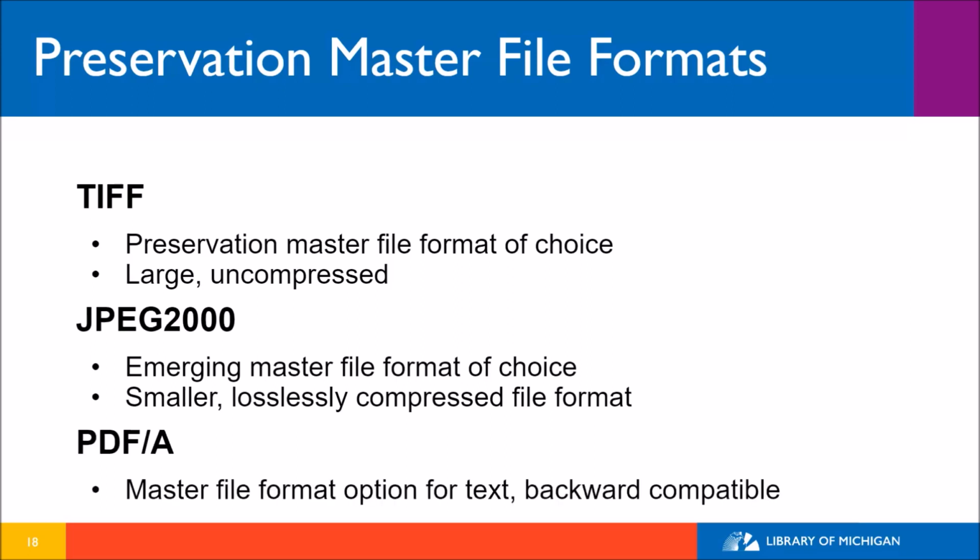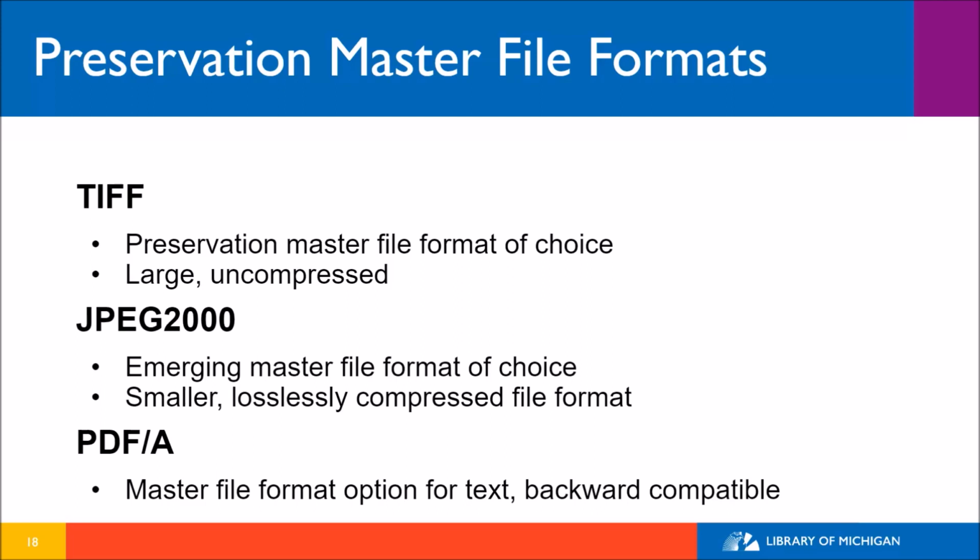Now, either TIFF or JPEG 2000 is an appropriate file format for still image, but if you're digitizing textual content, you could also select the PDF-A file format. This file format is meant for archival material, and it can be displayed exactly as it is going forward.